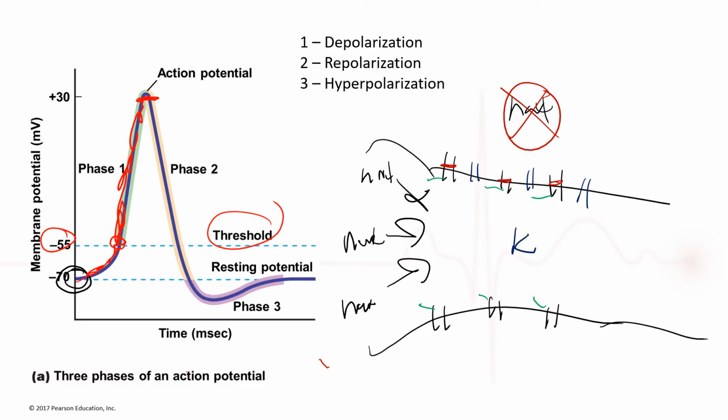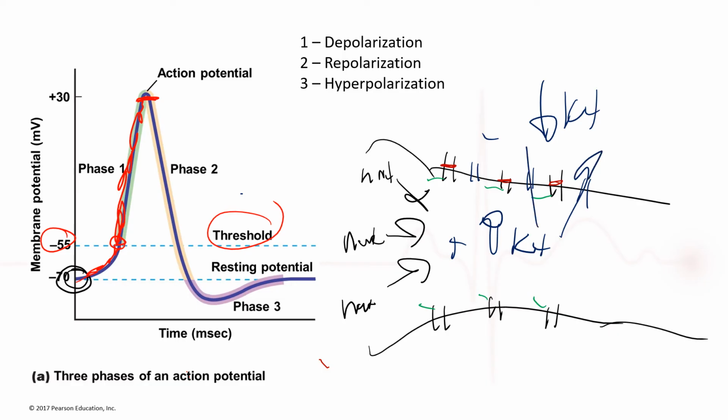Potassium's higher on the inside than it is on the outside, so it has a chemical driving force to leave. Right now, the inside is positive and the outside is slightly negative, so it also has an electrical driving force to leave, and that's exactly what happens. Potassium shoots out through its chemical and electrical driving force, and that repolarizes the hillock. So that's what you're seeing here. After positive 30, you're seeing repolarization of this axonal region.